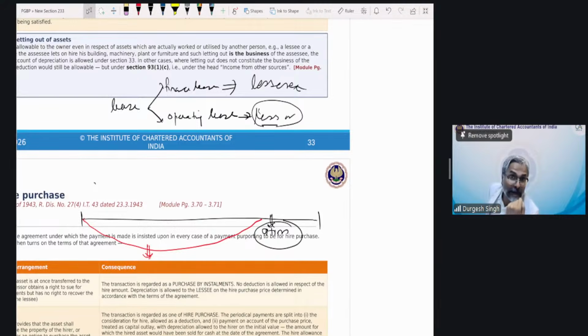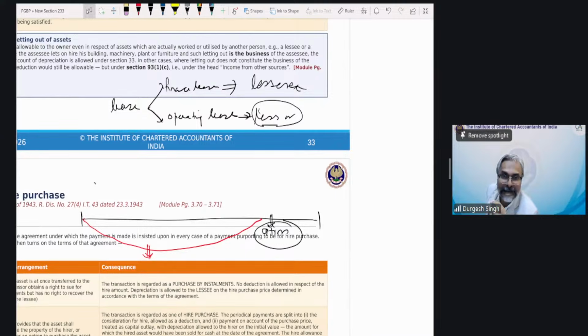And because he has the larger control, we will say that under the income tax law the lessor is the one who will be eligible to claim the depreciation on the leased asset.